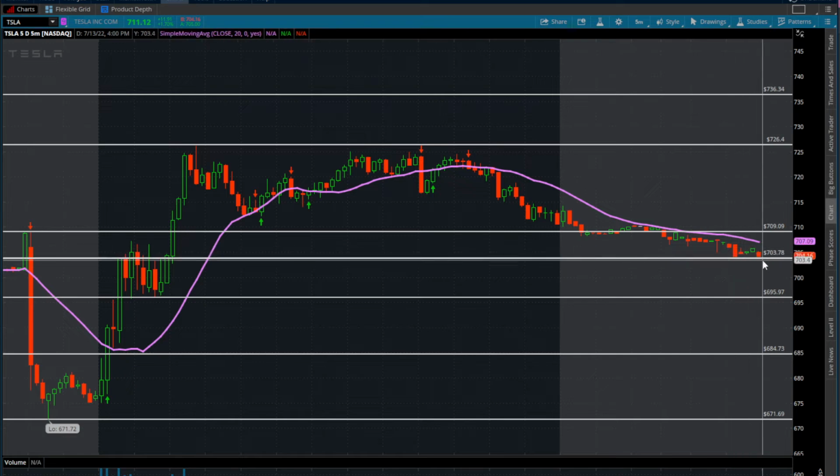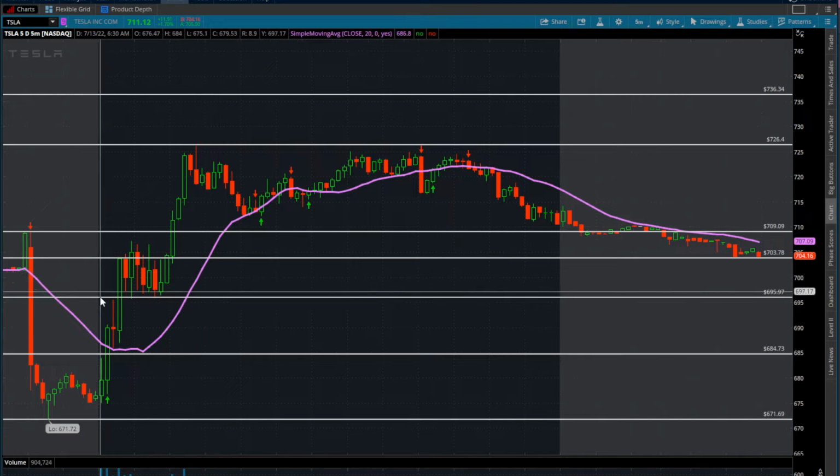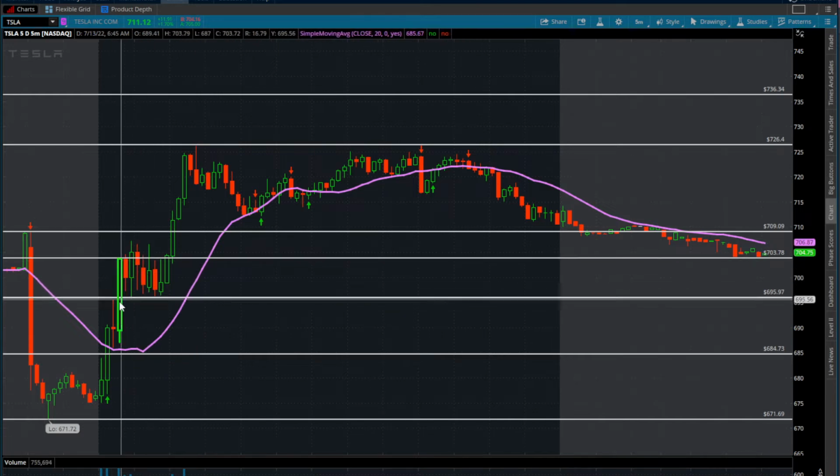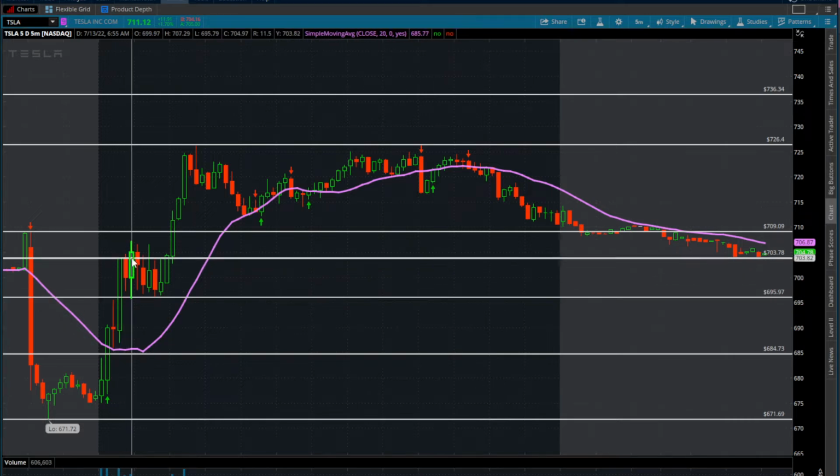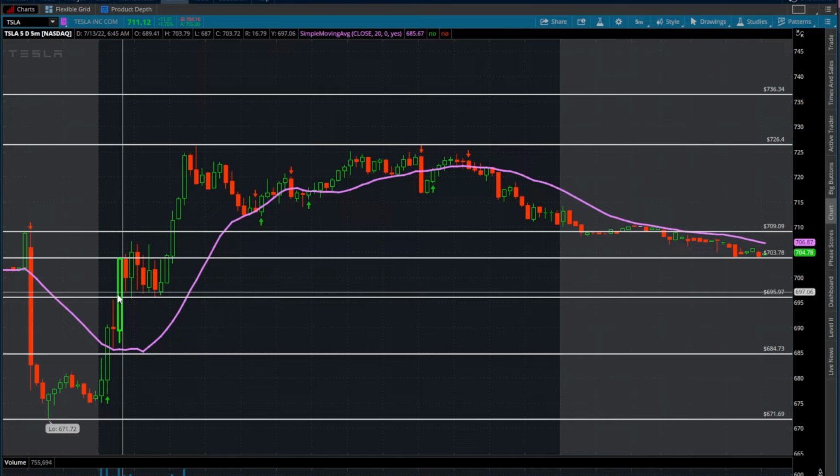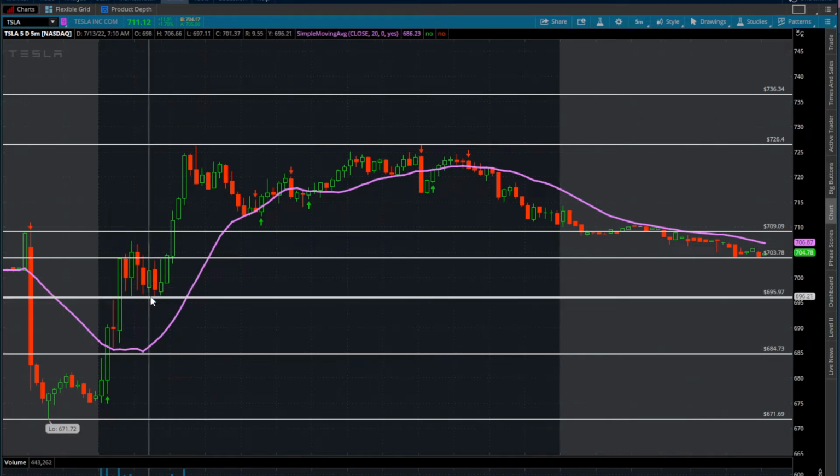Now, once we break through this 703 zone, what would we be potentially looking for next? This 695.97. Why? If we go back to the price action in the middle of the day, when we broke through the 695, 696 area, we came up here, had some areas of trouble, came back down, and back tested multiple times here.